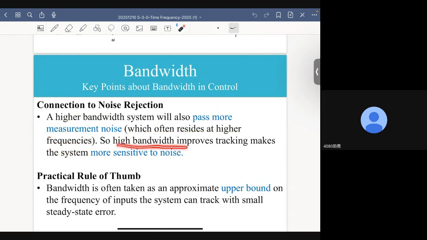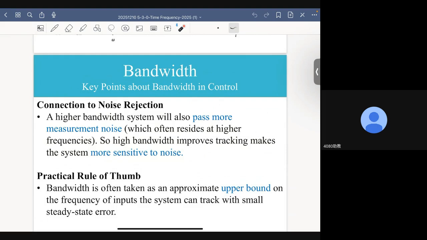So high bandwidth improves tracking, but makes the system more sensitive to noise. So that is another drawback of a system with large bandwidth. So you want a system to move fast, to have higher speed of response.